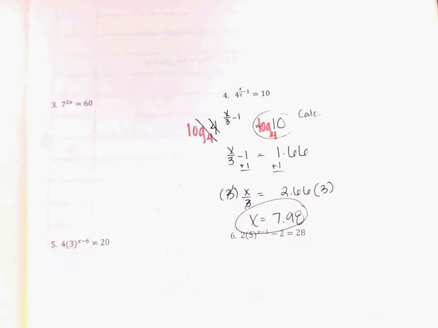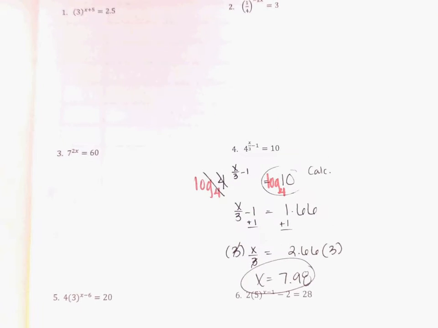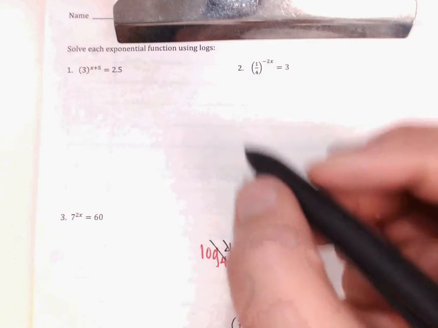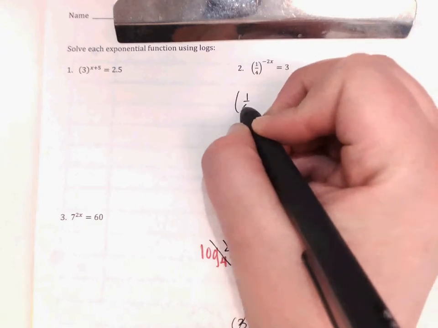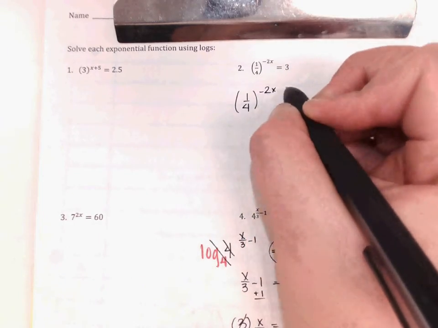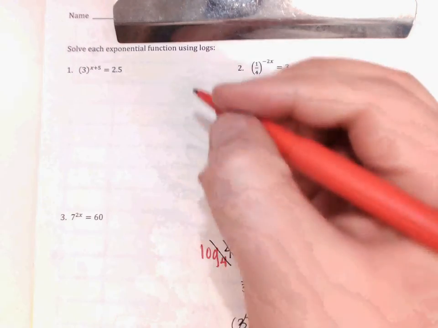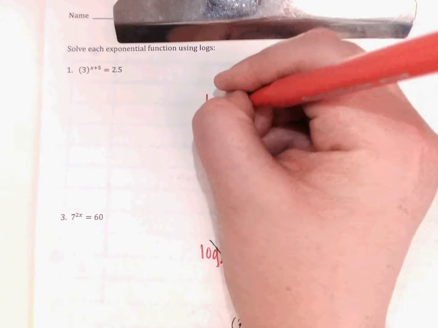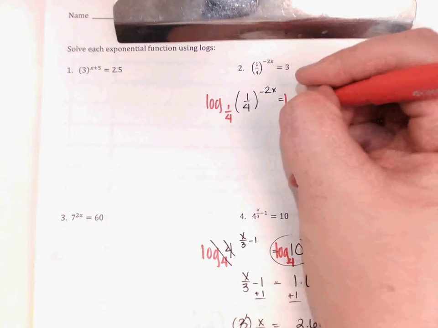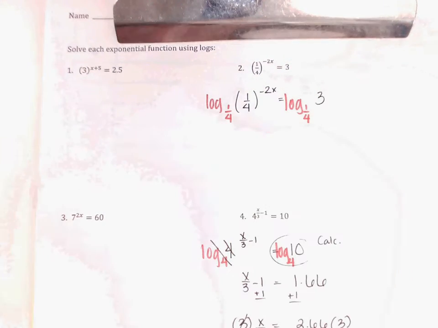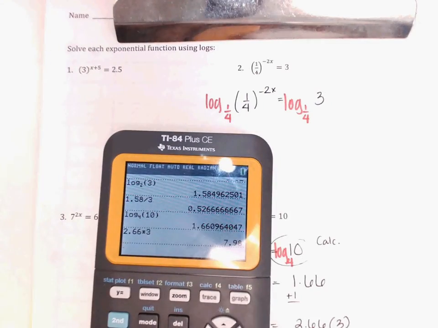Okay, then one of the other classes was asking about number 2 with it being a fraction. You can still log base that. So look at number 2. What's my base? It's a 4th. Okay, you can still log base that in the calculator. I'll show you. You're going to log a 4th it. And then in the calculator, in that little box, you're just going to put 1 over 4.